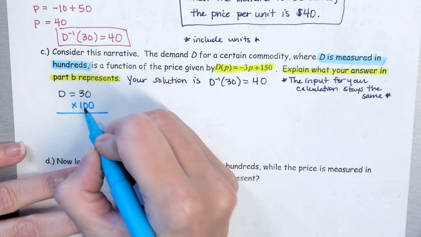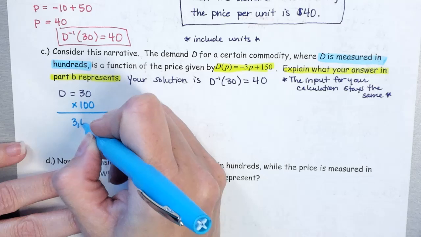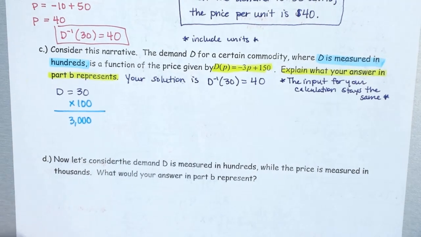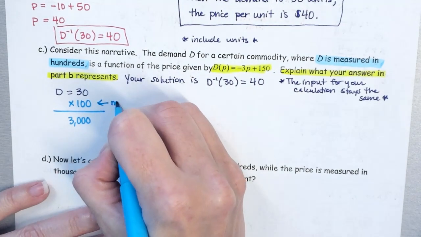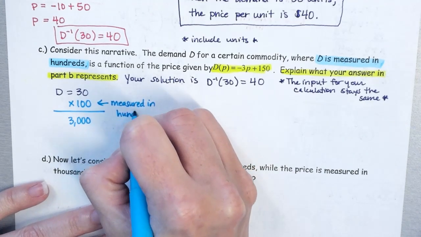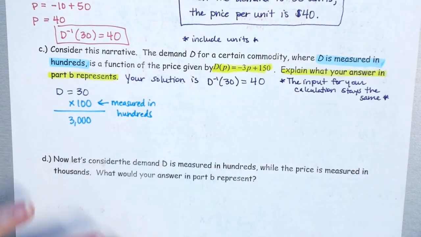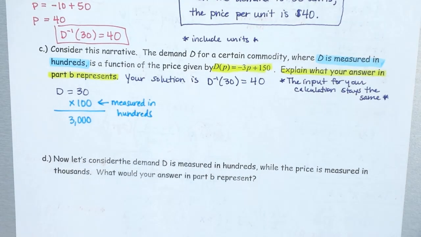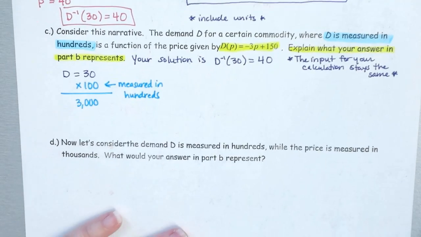And it's 30, right? So it'll be 3,000. So if it's measured in hundreds, to convert, you multiply by 100. If it's measured in thousands, you're going to multiply by thousands. If it's measured in millions, you're going to multiply by a million.